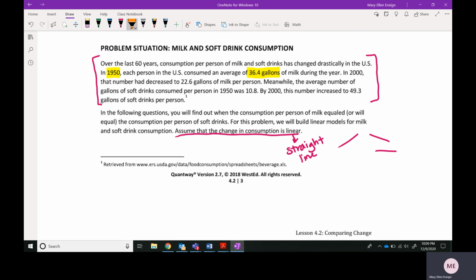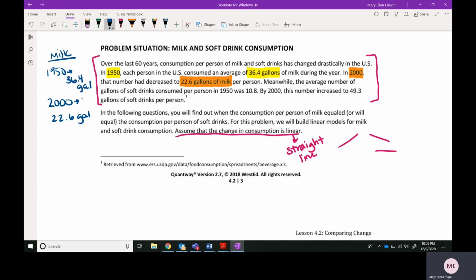In 1950, the average was 36.4. In 2000, that number had decreased to 22.6 gallons of milk. Okay, so if we put this together, we know that in 1950, the average was 36.4 gallons, and in 2000, the average was 22.6 gallons, and this is for milk.